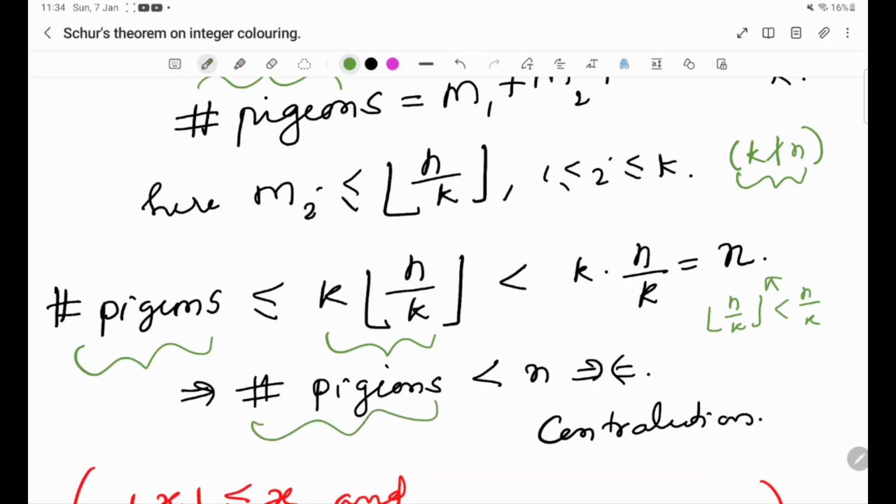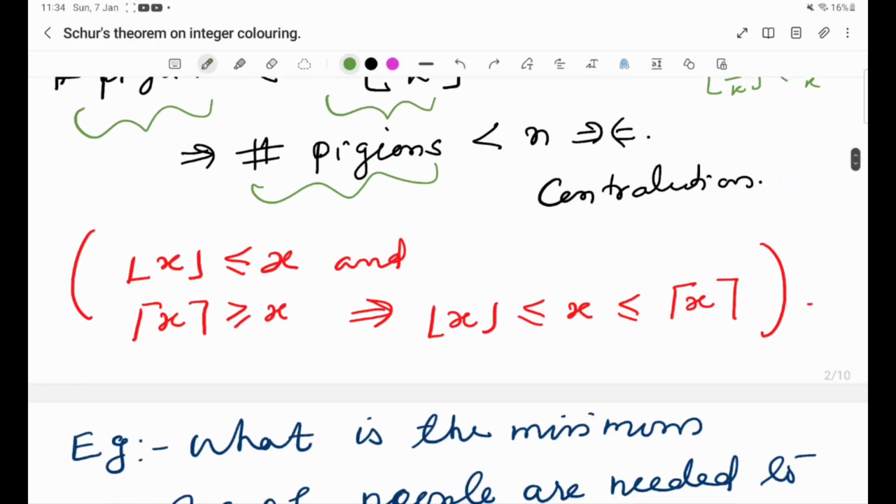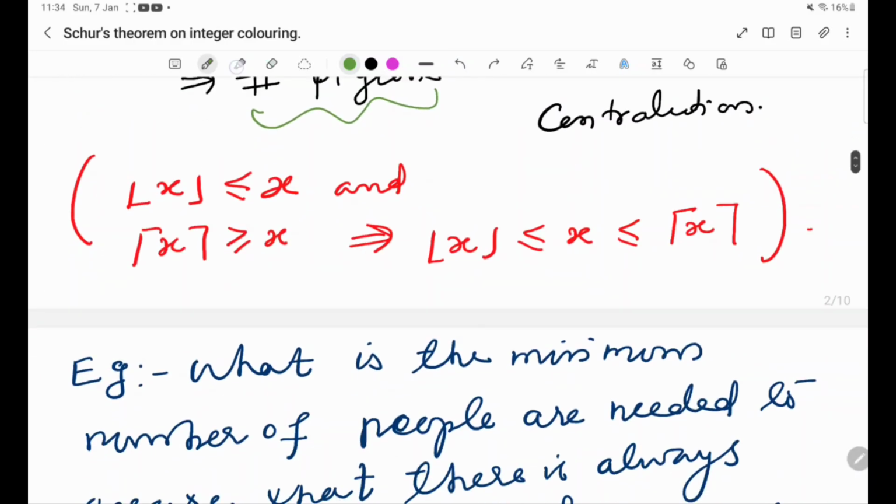If k divides n, there is a little change in the assumption: all of this would change to n by k minus 1, and still you can prove that it is less than n. So that is a contradiction, because we have n pigeons. That's the idea behind this.